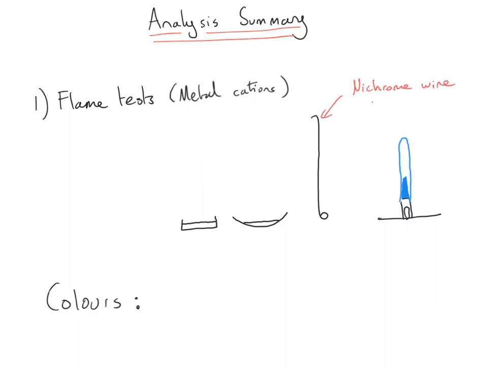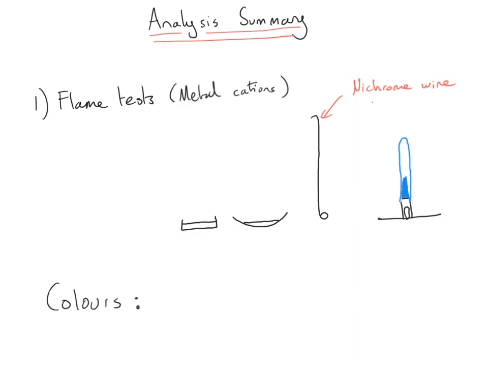So it's a piece of nickel chromium alloy that has a little hoop here at the end. This hoop here at the end you can put into your metal ionic substance here.